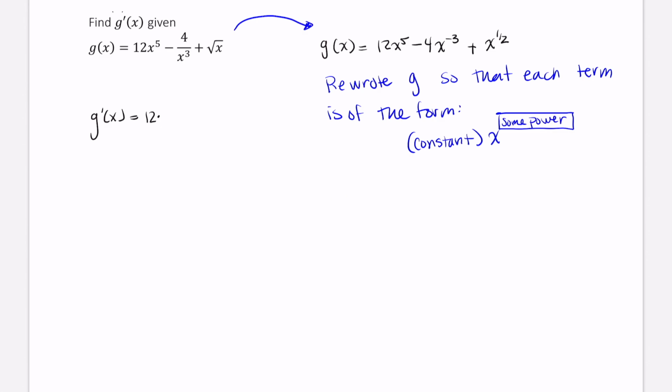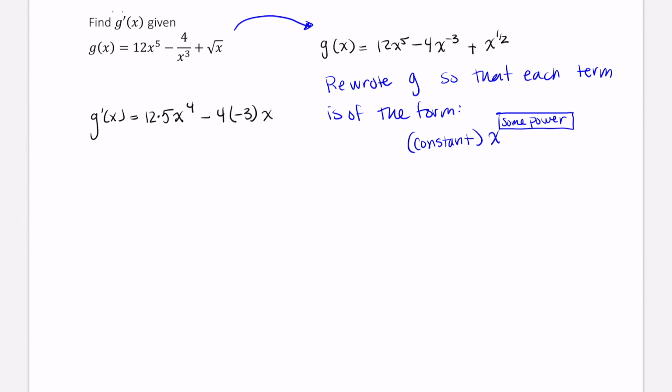So we have 12 times 5, x to the fourth power, minus 4 times negative 3. And where is this negative 3 coming from? Here. So 4 times negative 3 to the x.